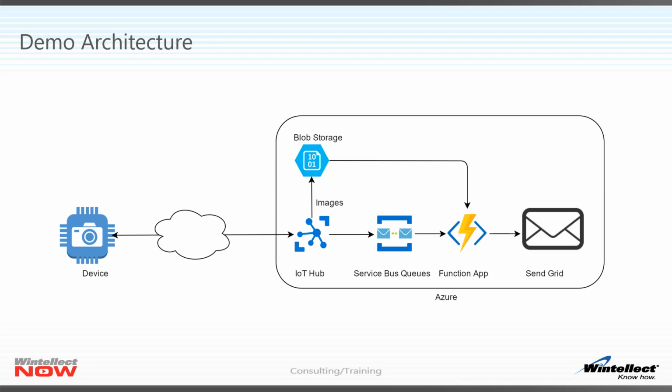Once it detects motion, it's going to take a picture, and then upload that picture to storage in the cloud. Once that picture is uploaded, it's going to send a device to cloud message that's going to be put on a service bus, which is going to kick off a serverless function. And then that's going to notify me that my little IoT device here detected some kind of motion.